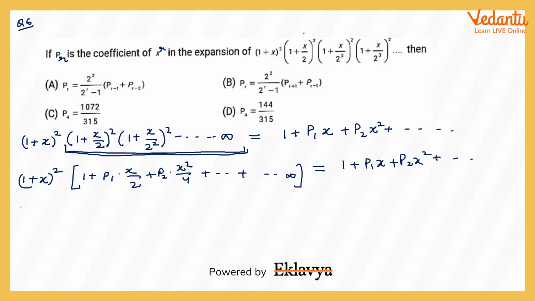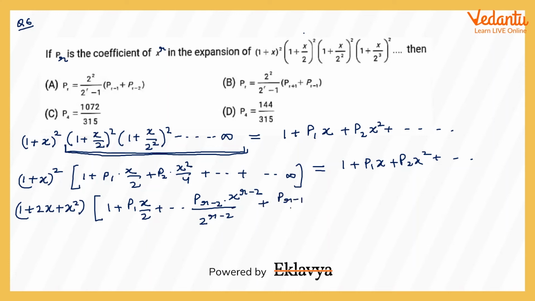Here I can open this bracket, 1 plus 2x plus x squared, and now I will write the terms which are of use, and they are actually p_(r minus 2), which will be multiplied with x to the power r minus 2 upon 2 raised to the power r minus 2, then p_(r minus 1) upon 2 raised to the power r minus 1 into x raised to the power r minus 1, and then p_r upon 2 raised to the power r into x to the power r, and so on. This will also go up to infinity.